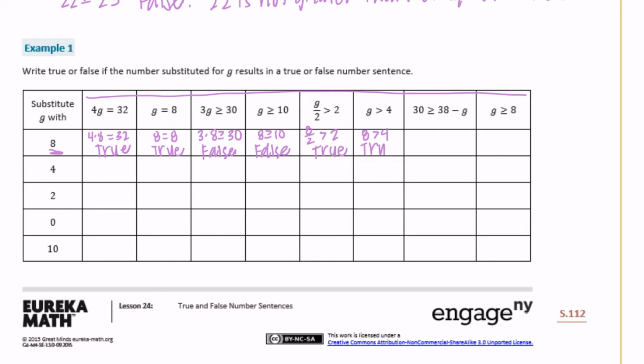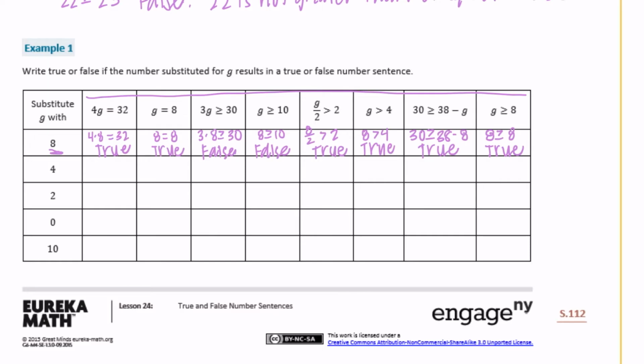That is true. 30 is greater than or equal to 38 minus 8. 38 minus 8 is 30. So 30 is equal to 30. So this is true. And the last one, 8 is greater than or equal to 8. That is true because they are equal.